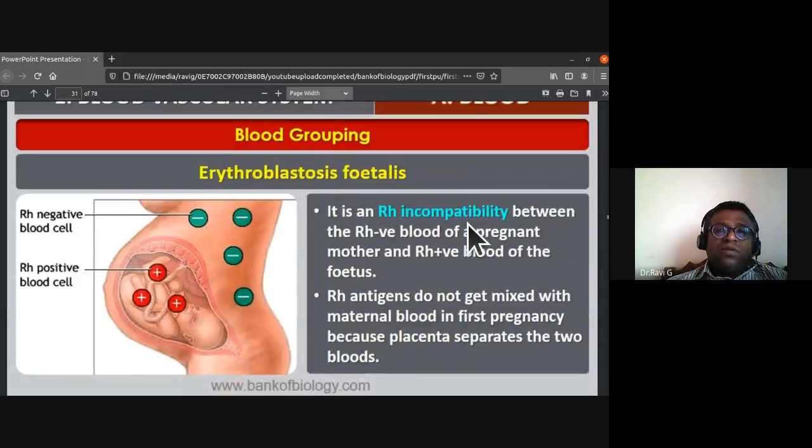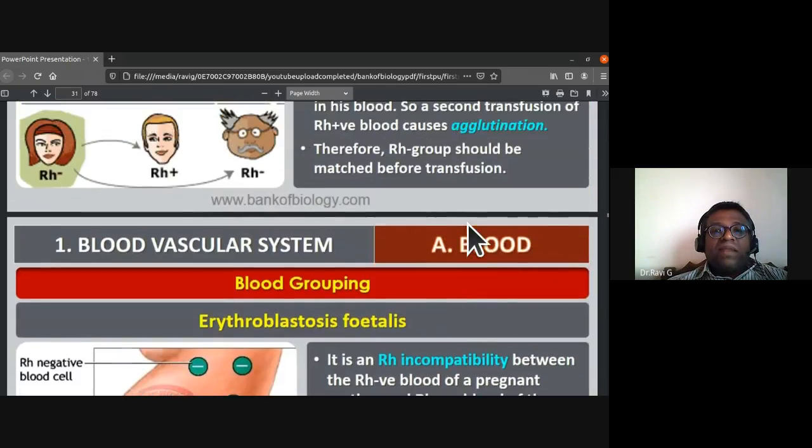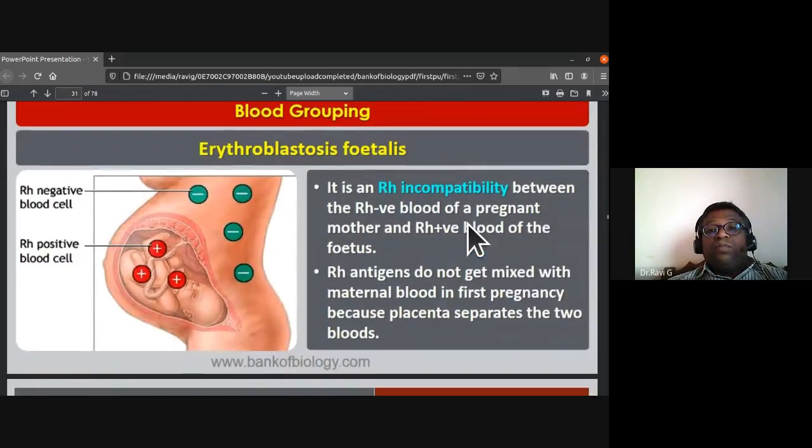So an Rh negative blood group woman should not marry an Rh positive blood group man. Okay, but even after that, many couples, because of compatibility in other respects, don't treat this as an important factor. So they do get married even though they are aware that the woman is Rh negative and the man is Rh positive.